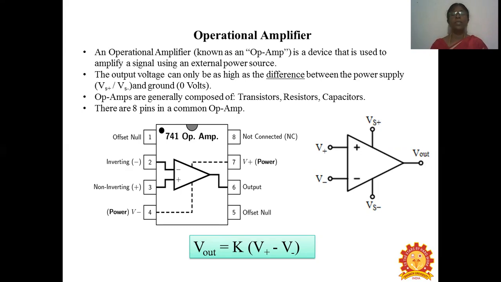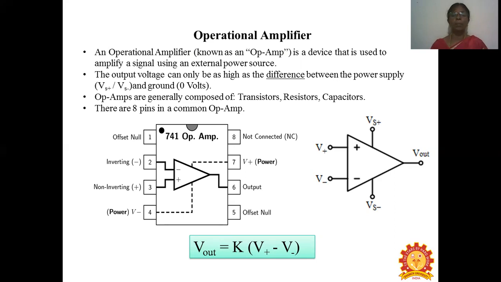The operational amplifier circuit is an 8-pin device. This is the pictorial representation of the operational amplifier circuit. Here pin numbers 1 and 5 denote the offset null, pin number 2 denotes the inverting terminal, and pin number 3 indicates the non-inverting input terminal.